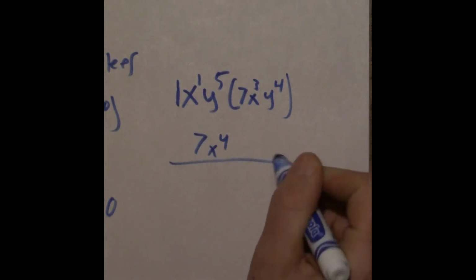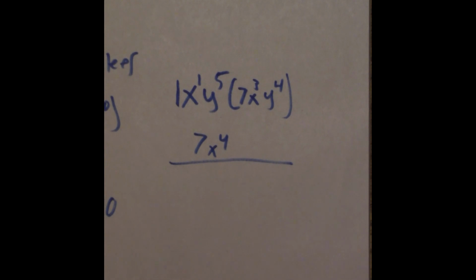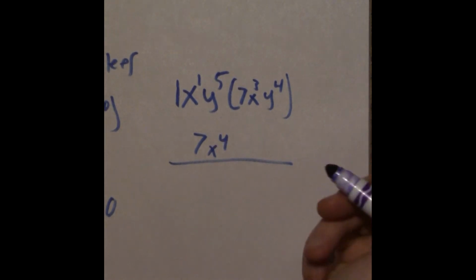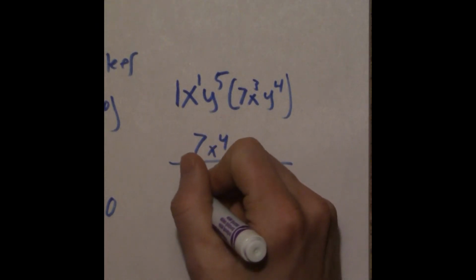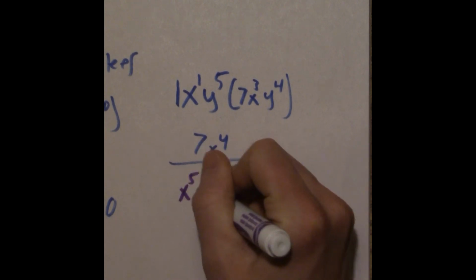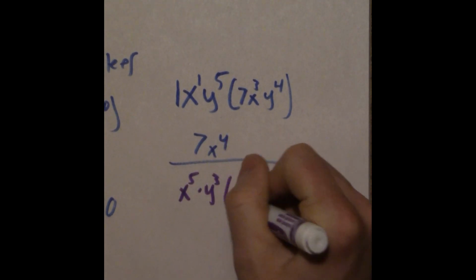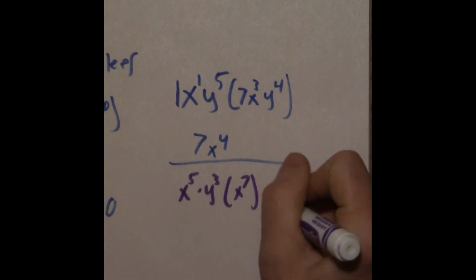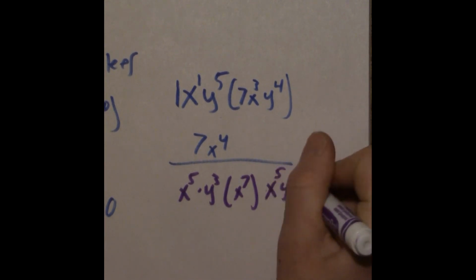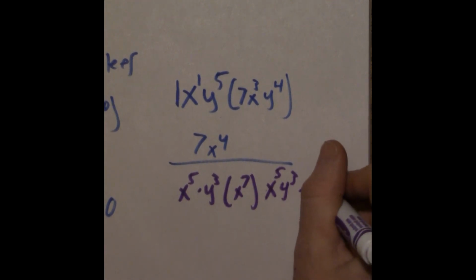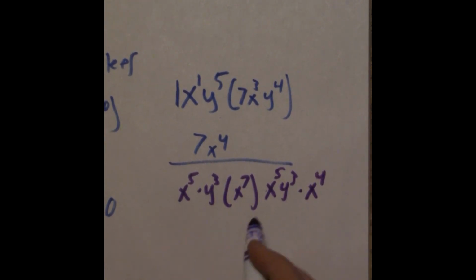Another thing that could be confusing, I realized when I am writing this, is that when you're multiplying terms together, it doesn't matter how you write it. You could put a dot in between or parentheses in between, it doesn't matter. So if I want to do x to the 5th times y to the 3rd times x to the 7th times x to the 5th y to the 3rd times x to the 4th, whether you're using parentheses or the dot or if you're writing them next to each other, it doesn't really matter.